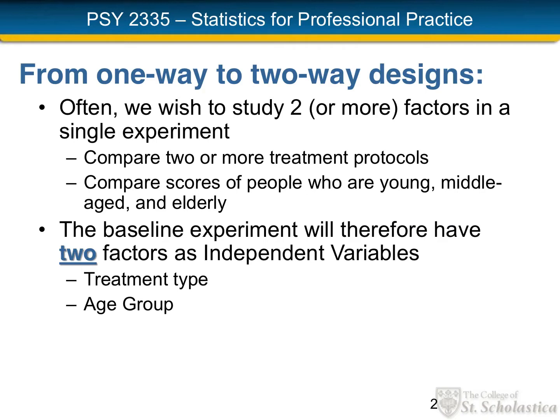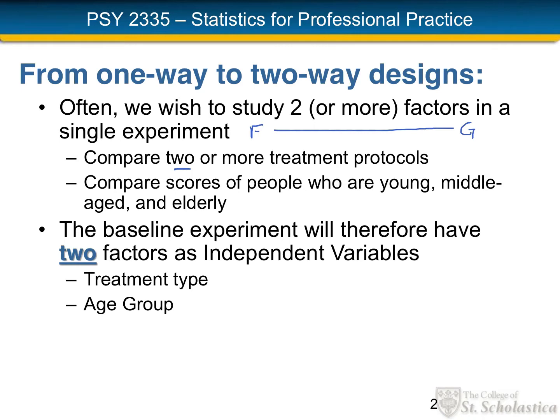So for instance, if we were considering a way of measuring Carol Dweck's growth mindset not as just fixed or growth, but a continuum that went from fixed towards more of a growth design, we might do what she did in her experiment, where she had two different treatment protocols. One of them included the growth mindset information, and the other one, if you remember, was just teaching study techniques. But she was looking at a single age group of students.